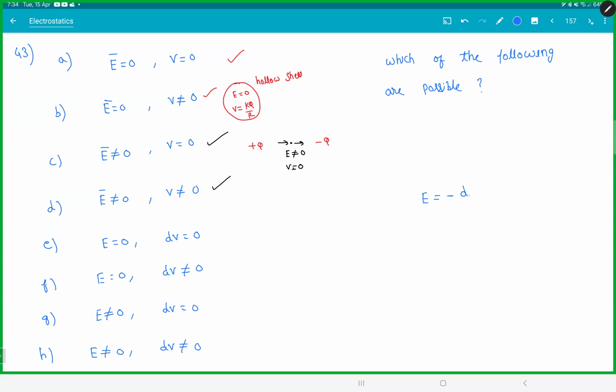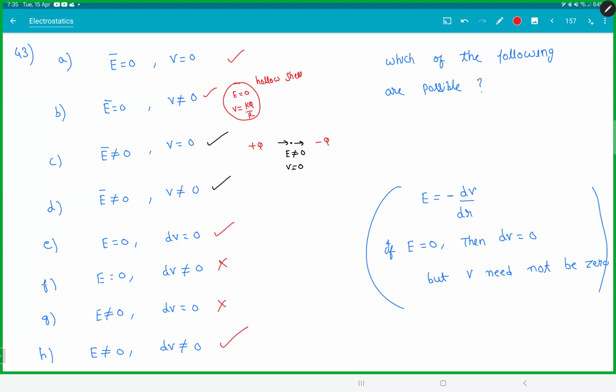When you say E is minus dV/dr, if E is 0, dV has to be 0. V need not be 0. Don't get confused with that. V can be 0, but there is no compulsion it has to be 0. The mistake is this. People think V and dV are same. They're not. So going from that argument, this is fine, this is wrong, this is wrong, and this is wrong.